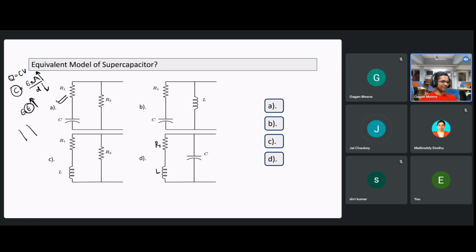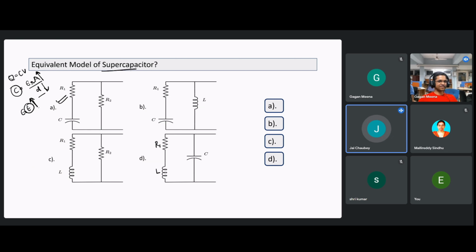Increasing distance is not a problem, but reducing distance is. We cannot reduce D to a great extent, so what supercapacitors do is increase this area.